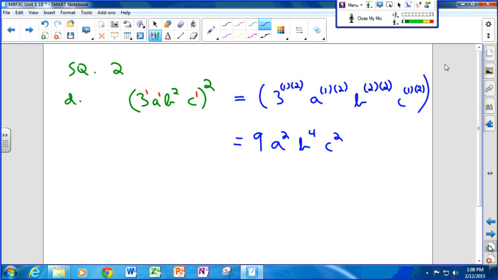I wrote it all spaced out like that, but it actually should be more compact, just like it was originally written.